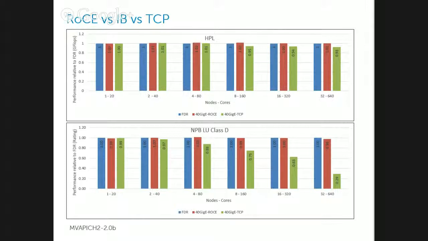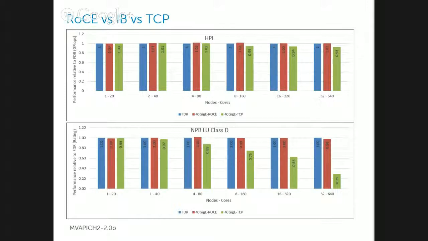But clearly, even at 4 nodes, TCP/IP over 40 GigE starts dropping off. At the 32 node level, there is a very sharp drop-off for TCP/IP over 40 GigE, but RoCE over 40 GigE was still pretty close for this particular application.